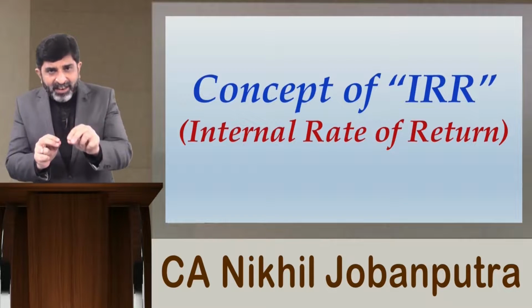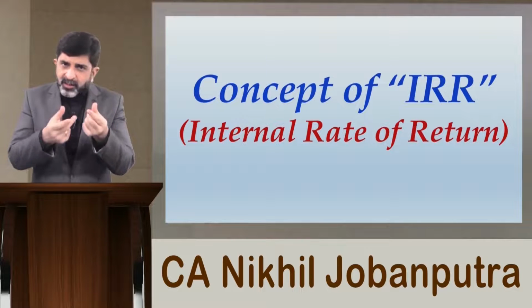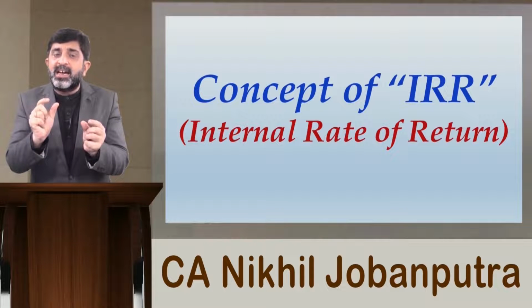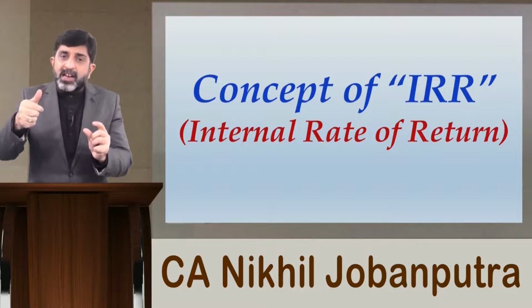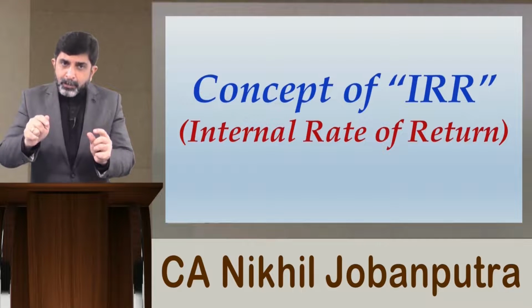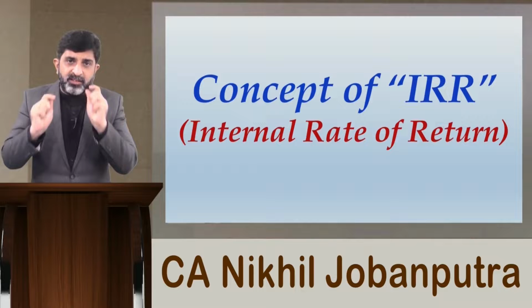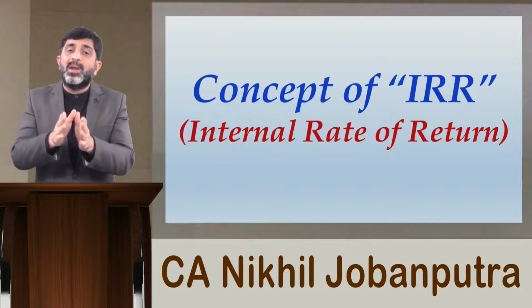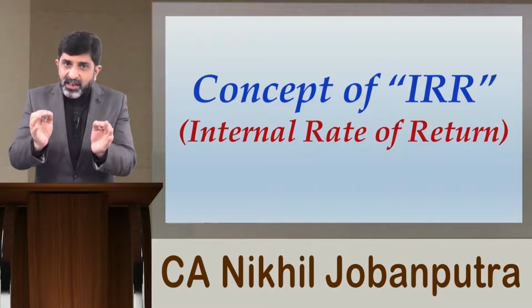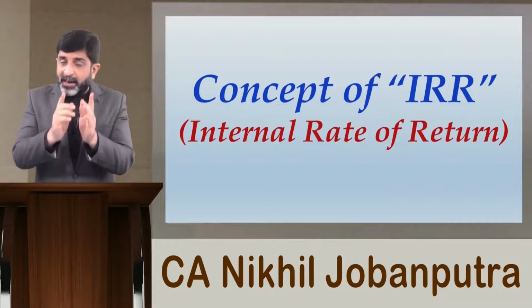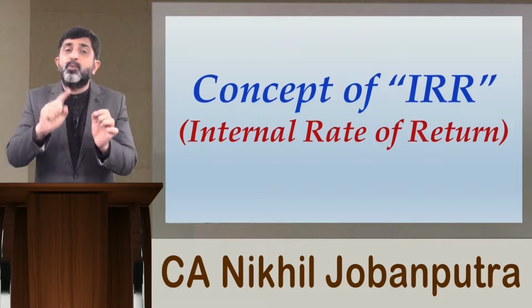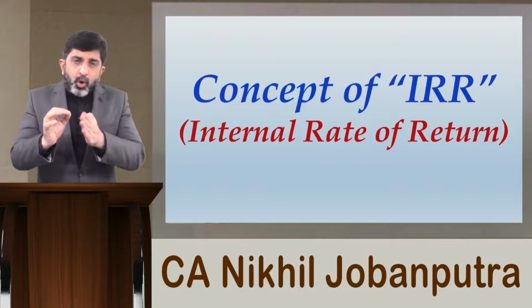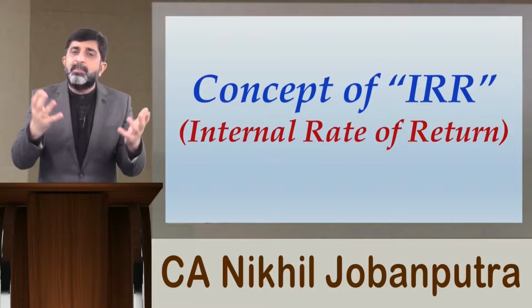You may not get exactly 0, so let it be a small positive amount, and try using another such rate at which you are getting a negative amount. So with a higher rate of discounting, you will get a negative NPV. With a lower rate of discounting, you will get a positive NPV. That range will be the range within which the IRR will lie. If you get that range as close as possible, and I told you preferably not having a gap of more than 1%, then your chances of getting the closest to accurate IRR will be higher.